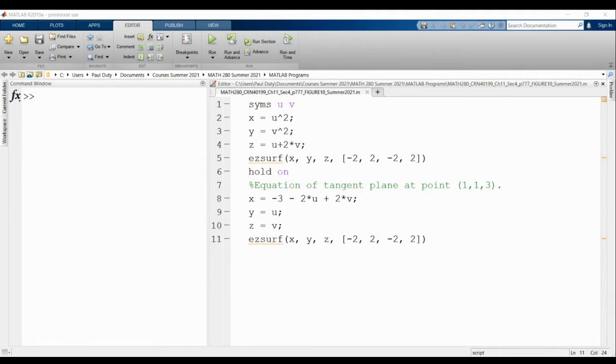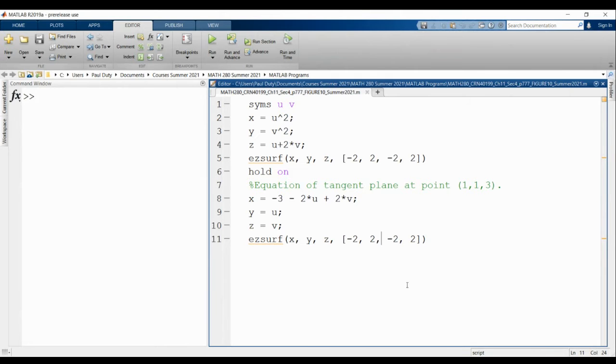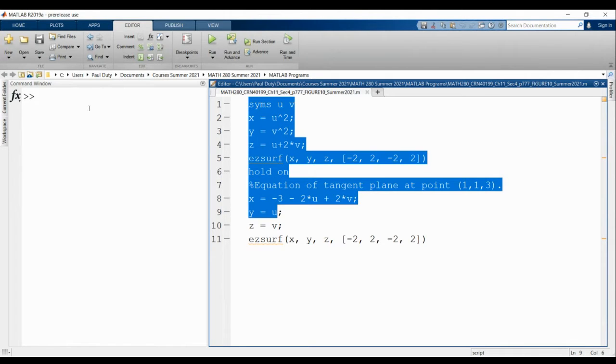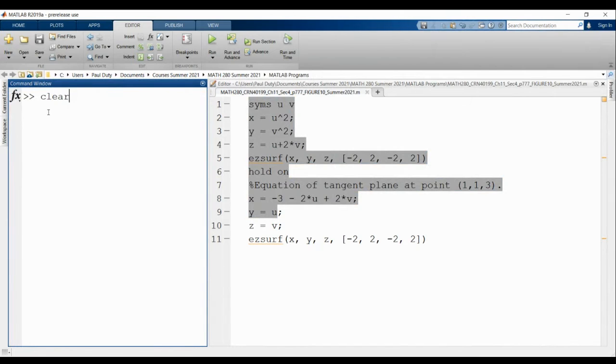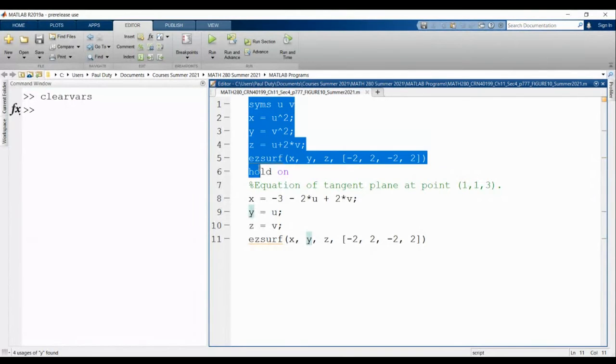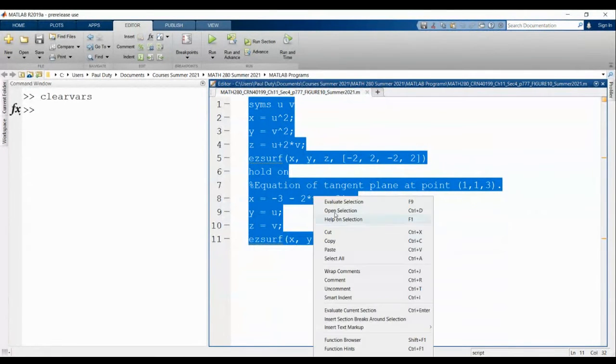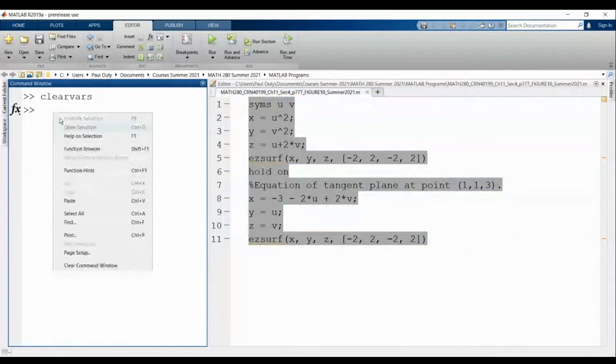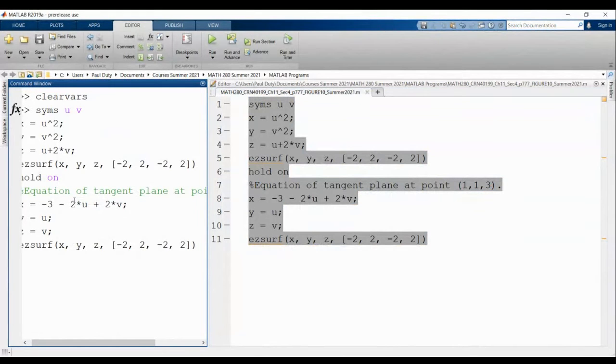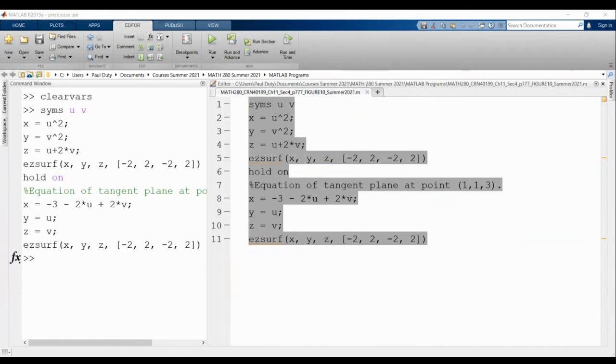Okay, so traditionally what I like to do, as you know, is copy my code. Oh yeah, let me do clear vars, clear variables, so there aren't any old variables hanging around that might interfere with my program. And I will copy and paste this in, hit enter. Okay, and you do it too. Let's see what you get.